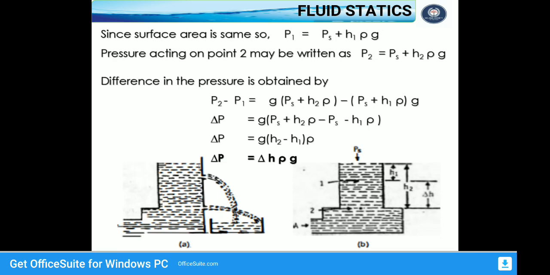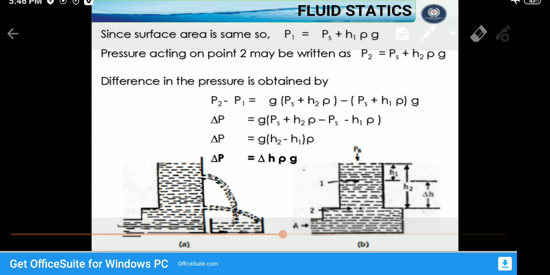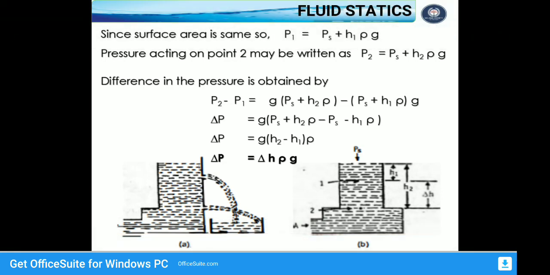Therefore, P2 minus P1 is equal to G into (PS plus H2 rho) minus (PS plus H1 rho). Therefore, delta P is equal to G into (PS plus H2 rho minus PS minus H1 rho).